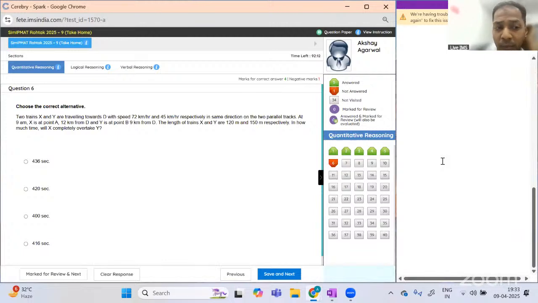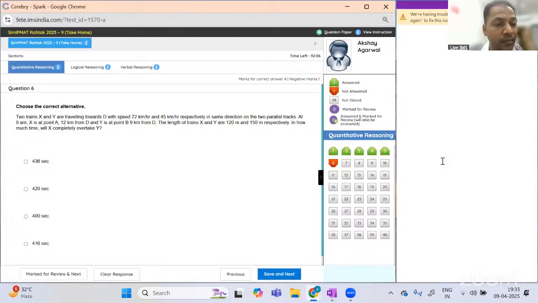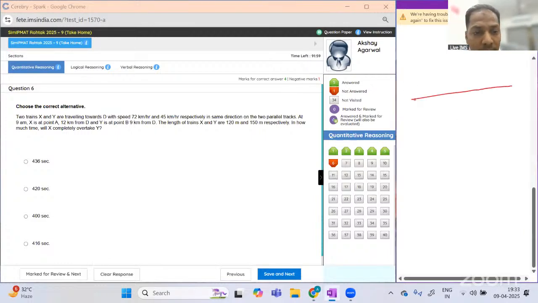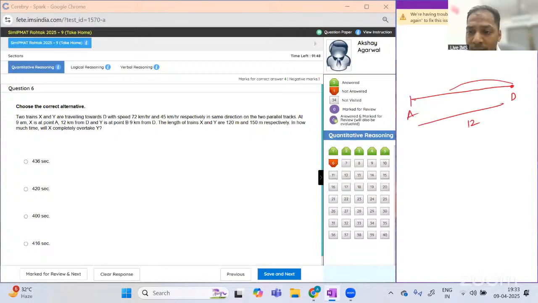At 9 a.m., X is at point A, 12 kilometers from D, and Y is at point B, 9 kilometers from D. The lengths of the trains are 120 meters and 150 meters. How much time will X take to completely overtake Y?